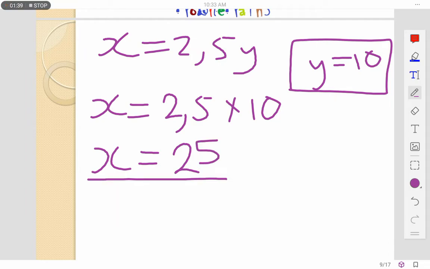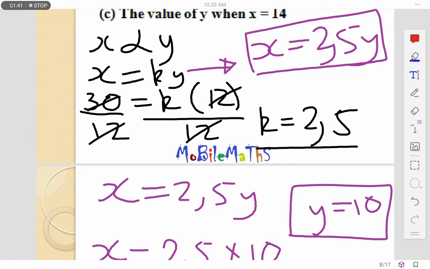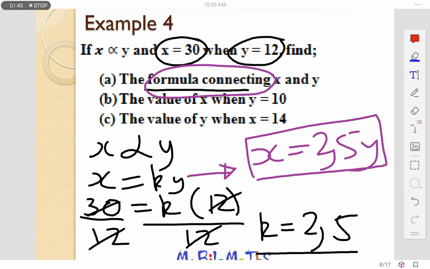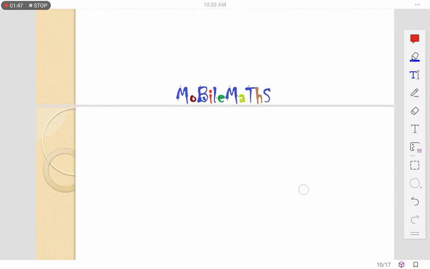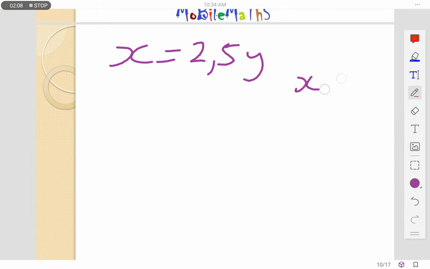Let's look at the next part of the question. We want to find the value of y when we are given x as 14. So we still use the formula x is equal to 2,5y, and we are given x is 14.